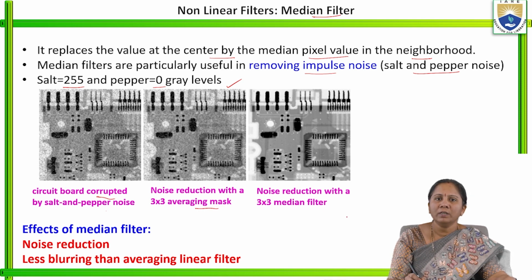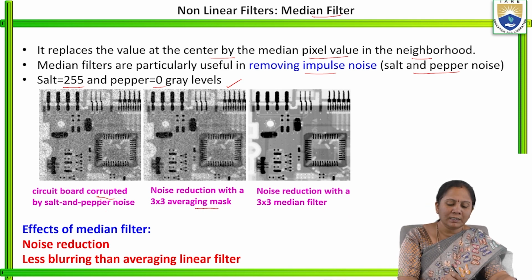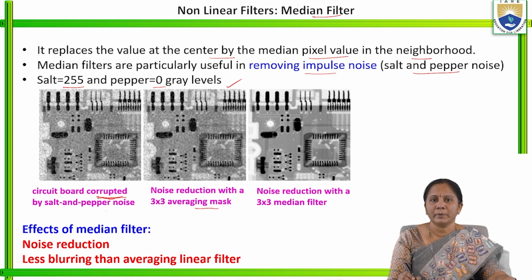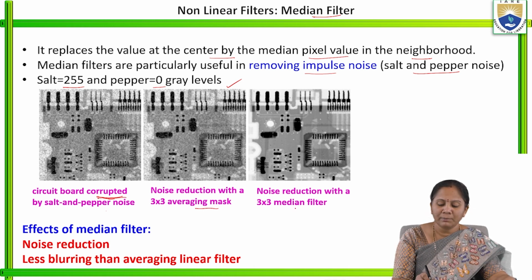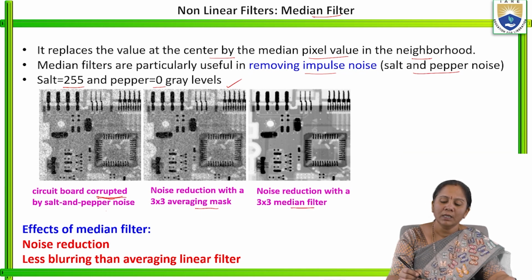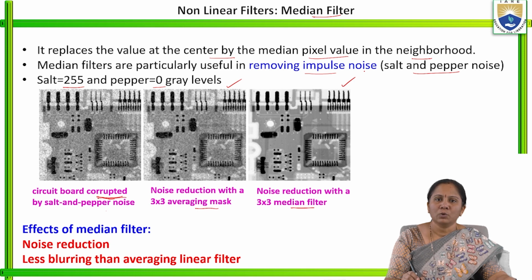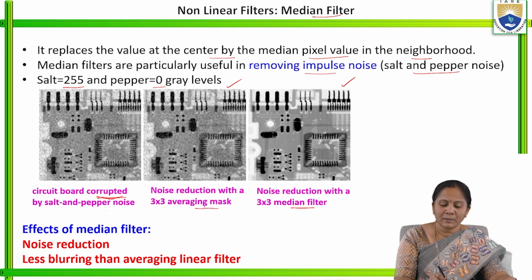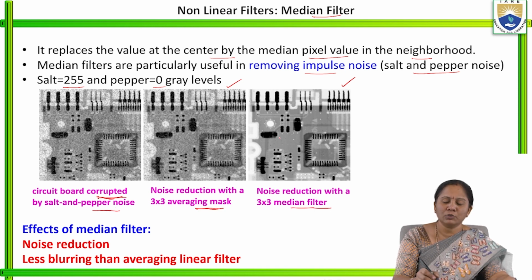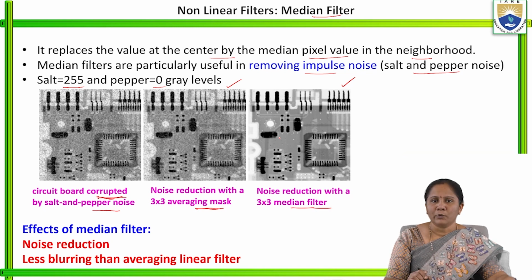Coming to the non-linear filters, considering the same original image which has salt and pepper noise, if you apply this 3x3 median filter, the output image will look like this. Now we can observe that the average filter is used on the original image and the median filter is used on the original image, and these are the resultant outputs.